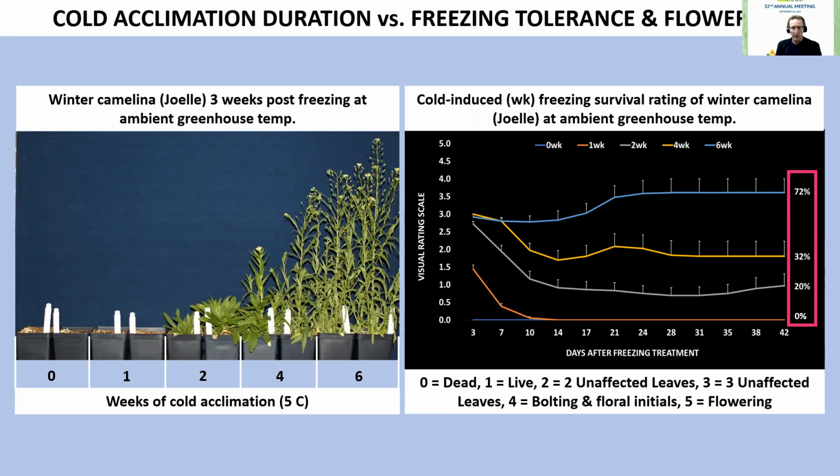Overall, after 42 days in the greenhouse, winter biotype plants receiving 2 weeks cold had 20% freezing tolerance, with plants receiving 4 and 6 weeks cold showing 32 and 72% freezing survival. Our earlier studies confirmed that 8 weeks cold consistently results in 100% freezing survival of the winter biotype Joel. Thus, we did not include an 8-week treatment for phenotyping freezing survival in this follow-up study.